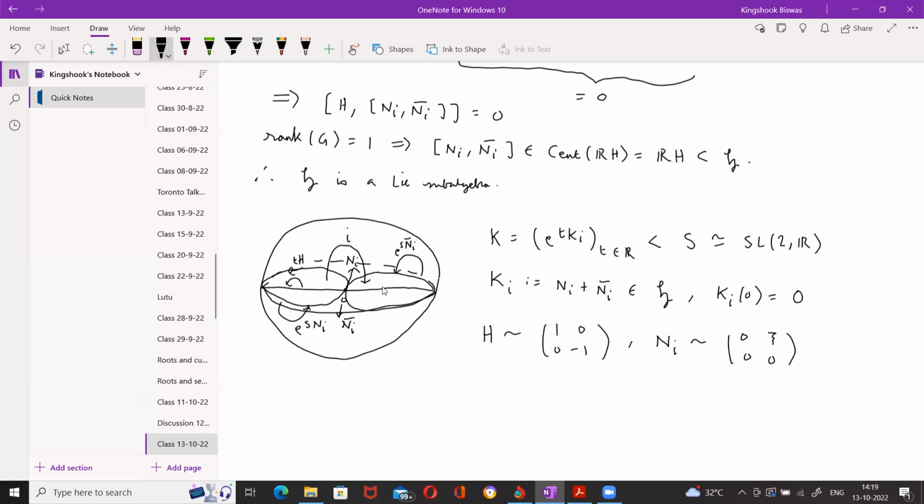These are all trace 0 matrices, in little sl2. So N_i bar will be (0, 0, minus xi, 0).